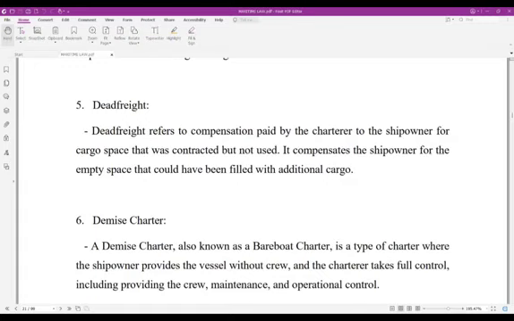It's the compensation paid by the charterer to the ship owner for the cargo space that was contracted, rather, but not used.